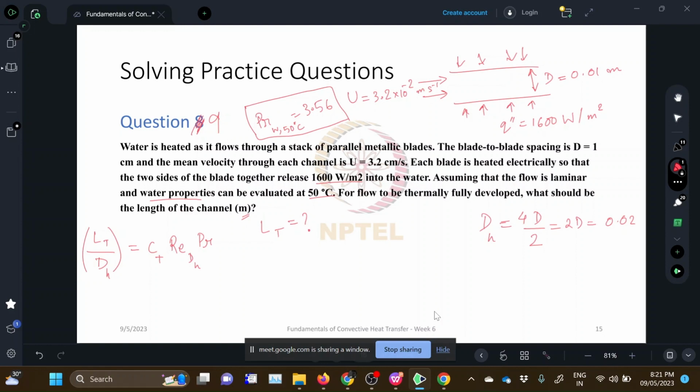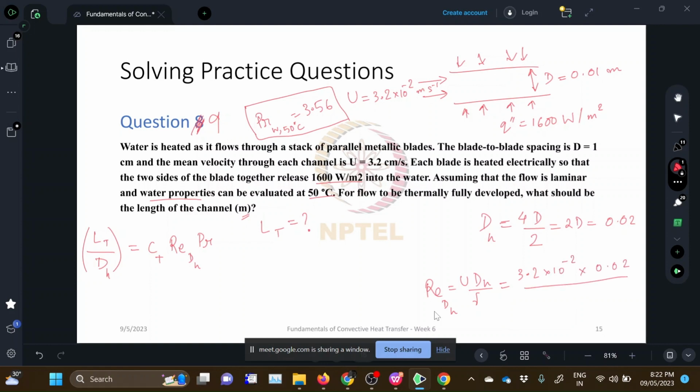Then we have to find out the Reynolds number. Okay, so we have the velocity. So this is u dh by nu. We will need this value as well for water. I'll look it up. So this is 3.2 into 10 to the power minus 2. This is 0.02.